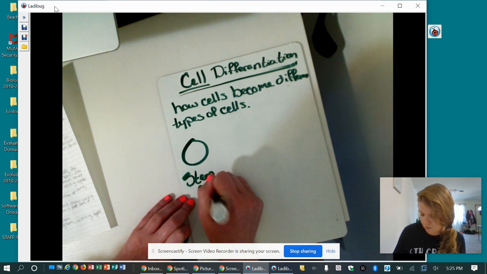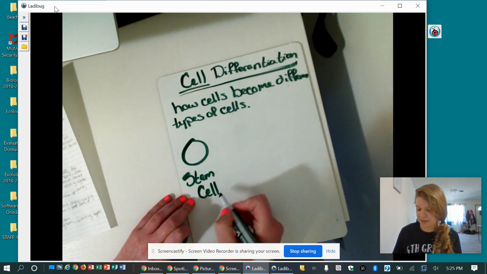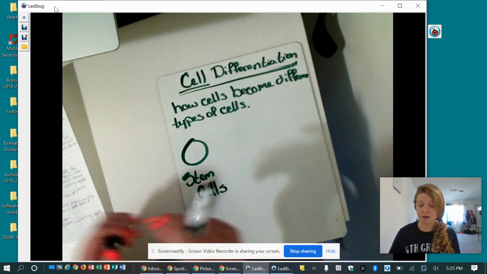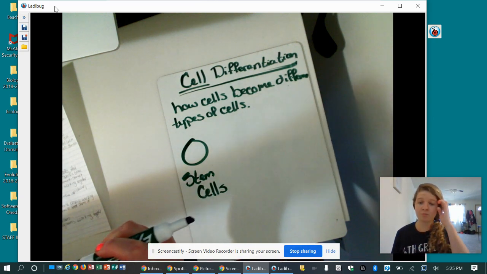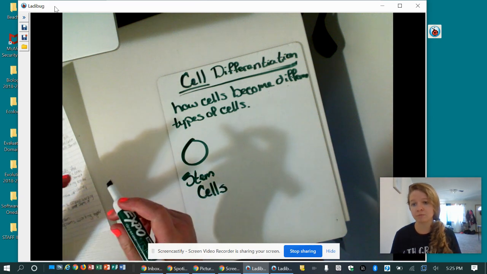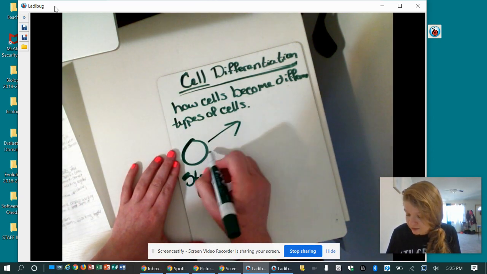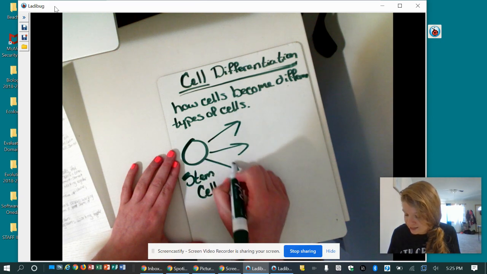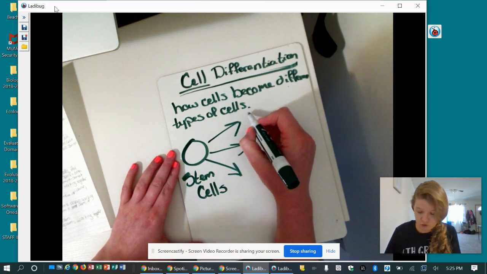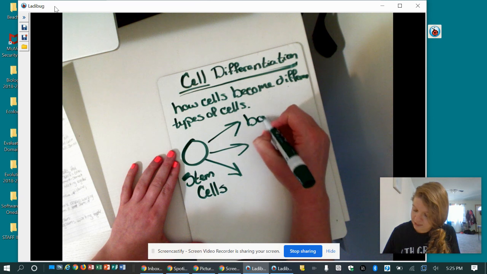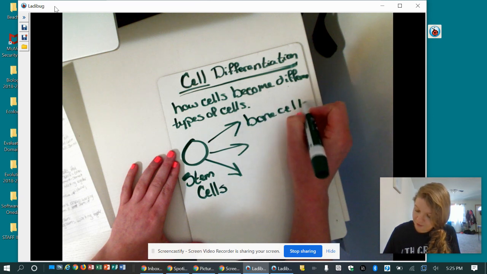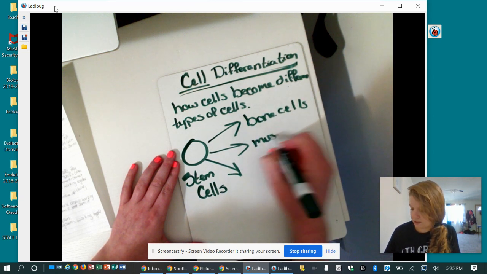in the zygote, and your stem cells are given different directions by chromosomes, which you should also know about. They're given different directions, and stem cells can turn into any type of cell. So they can turn into bone cells. They can also turn into muscle cells.